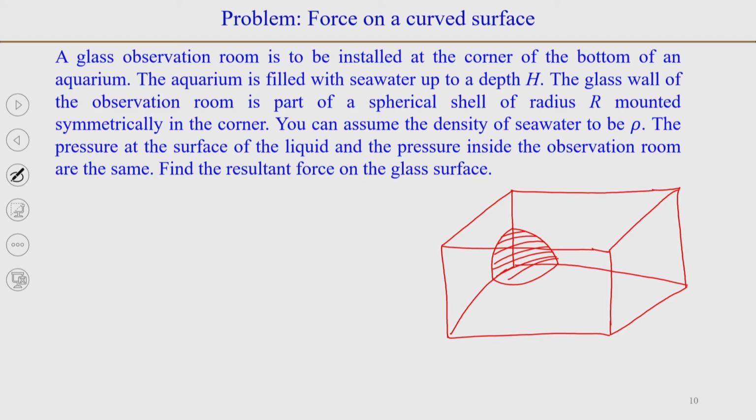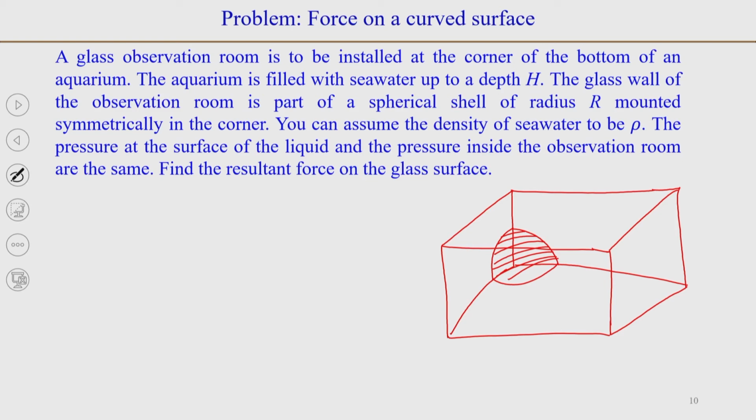You assume a hollow sphere and cut it from 3 planes, so what you will have is 1/8 of a sphere. The aquarium has at the corner of the bottom an observation room, which is a spherical cell of radius r.